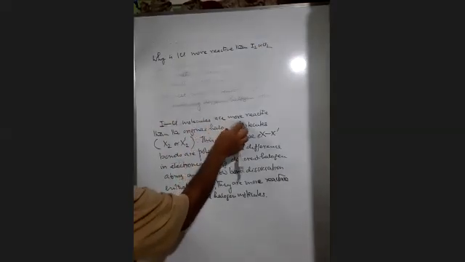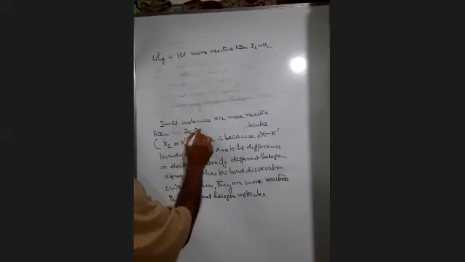The answer is the same. The only thing is that you simply remove this and write, ICl molecules are more reactive than the original I2 and Cl2 molecules.